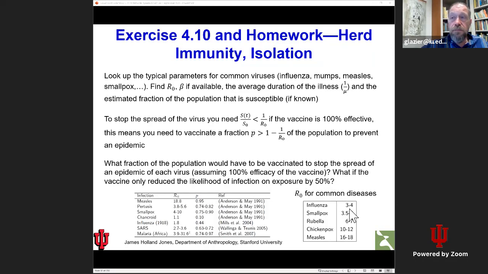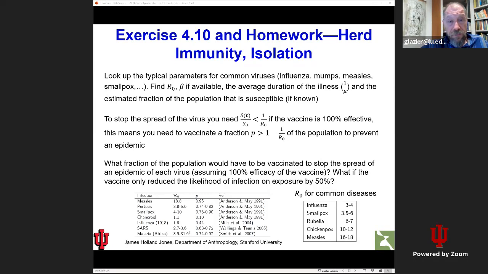And so, again, that's one of the reasons that people are so obsessed with R naught. Notice that we're getting estimates of R naught of 4, 6, 8. If we want the disease to go away, we have to get R naught below 1.